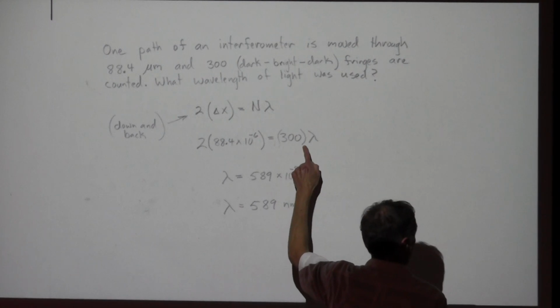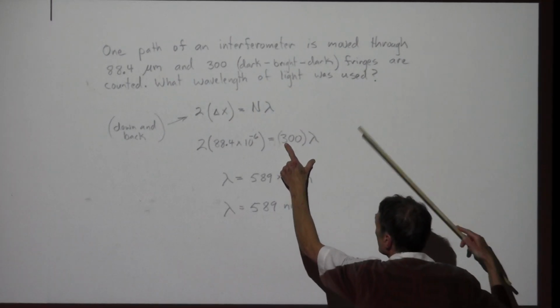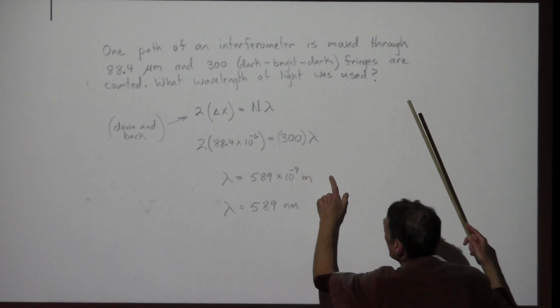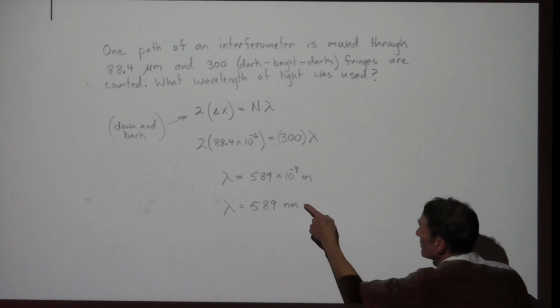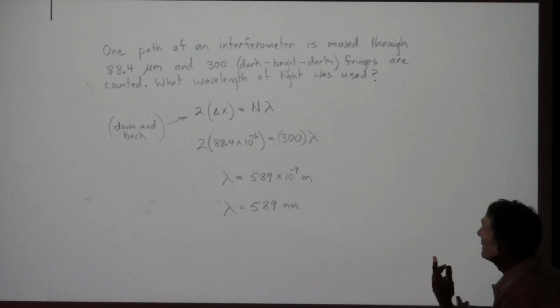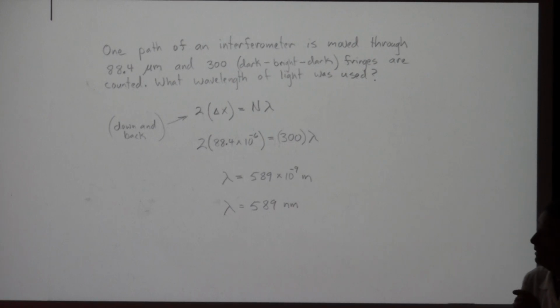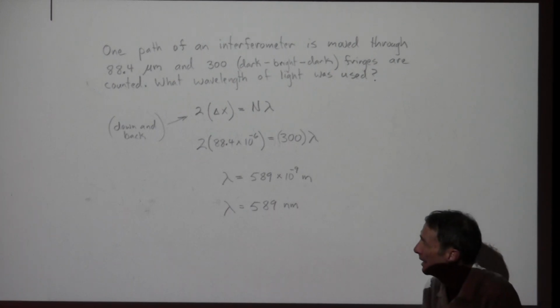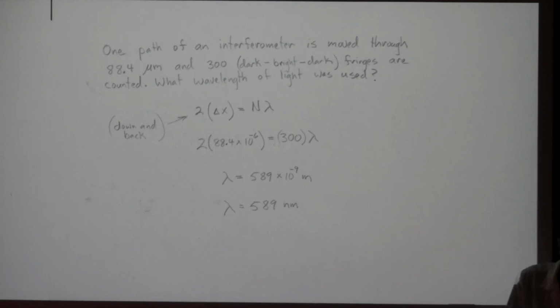And here we had 300 bright dark fringes, so they were alternating 300 times. We can then go ahead and solve for the wavelength. So the math on these is fairly simple. Trying to get your head around the concept is where you really need to focus. And once you have that, the ideas of these are fairly simple.